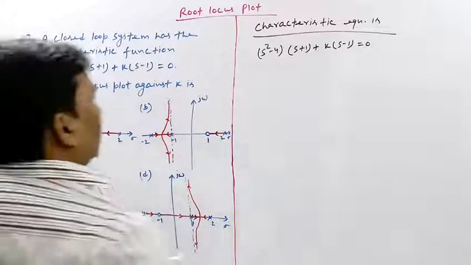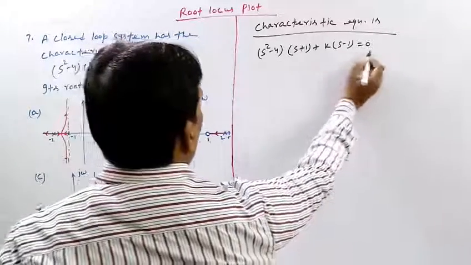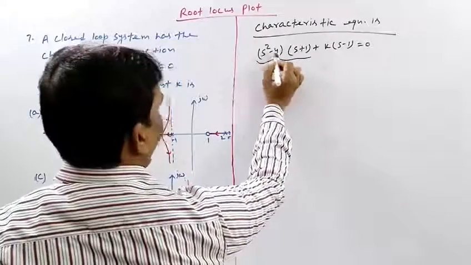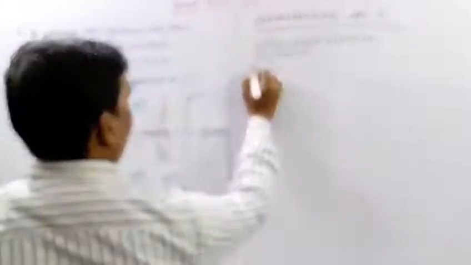Now let us divide the whole equation by the first term, that is s square minus 4 multiplied by s plus 4.